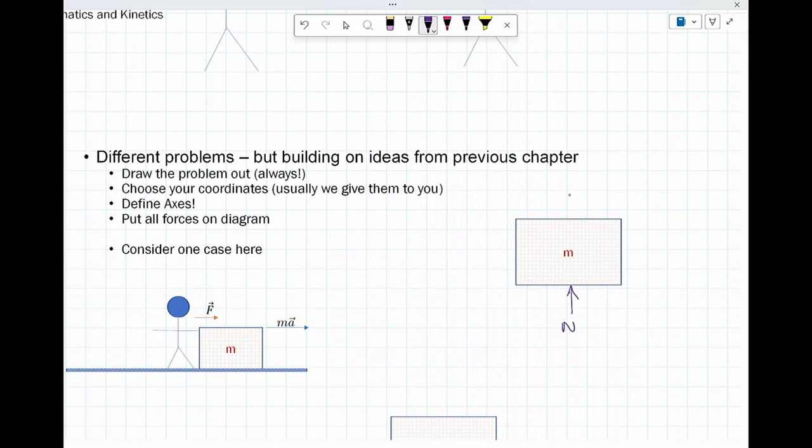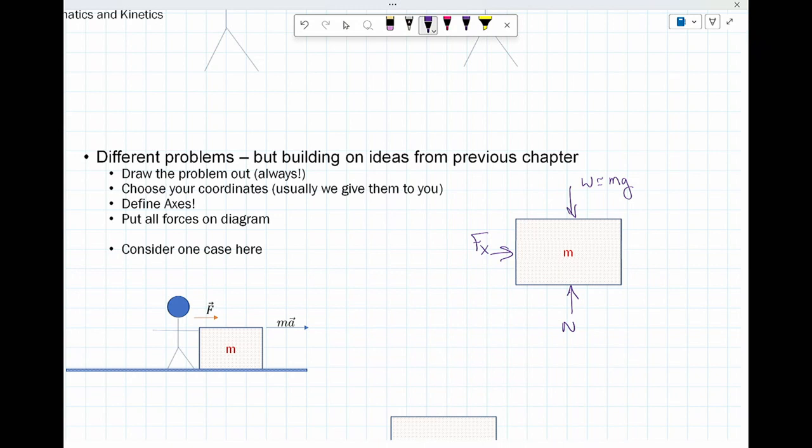I have a person pushing against the block. And that was the Newton's second law case that I showed you. So the person pushing against the block is going to have this free body diagram.